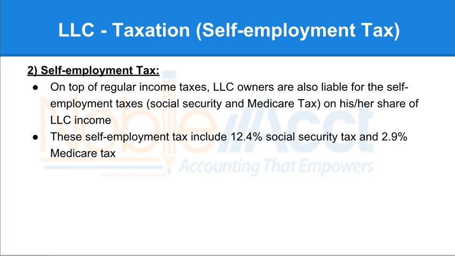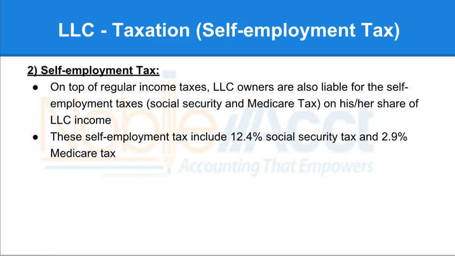And the second part of the taxation of an LLC is the self-employment tax. Same as the sole proprietorship, on top of the regular income taxes that the LLC owners are liable to pay for their share of the LLC income, they're also liable to pay self-employment taxes on their share of the LLC income.